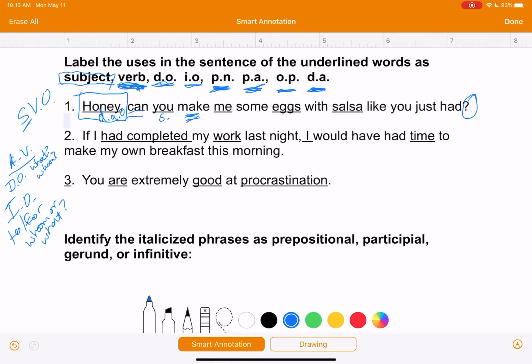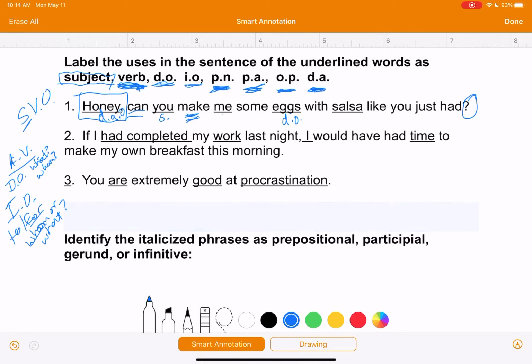Okay, so let's take a look now. You can make what? What's going to actually be made? Is me going to be made? No, we're not making people. Are eggs going to be made? Yes. That answers the question what after the verb, so it's the DO, the direct object. Now, is there a noun or pronoun in between the action verb and the direct object that answers the question for whom?